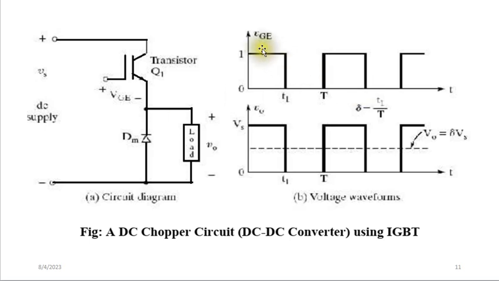As you can see, the input waveform is DC in nature, the output is also DC, but the output voltage is equal to the duty signal times Vs, where Vs is the supply voltage. So the value you are choosing for this signal will determine what the output should be, and that is why we say it has a variable voltage output.